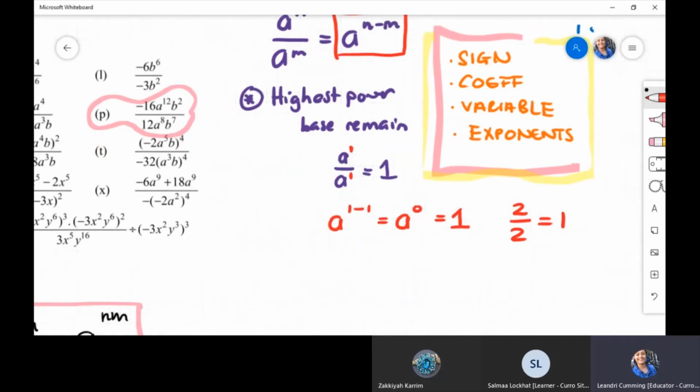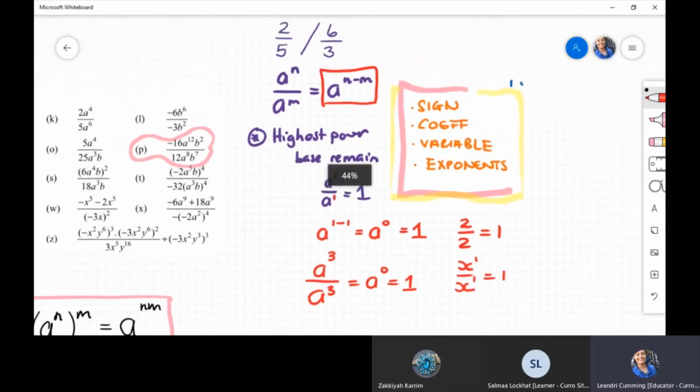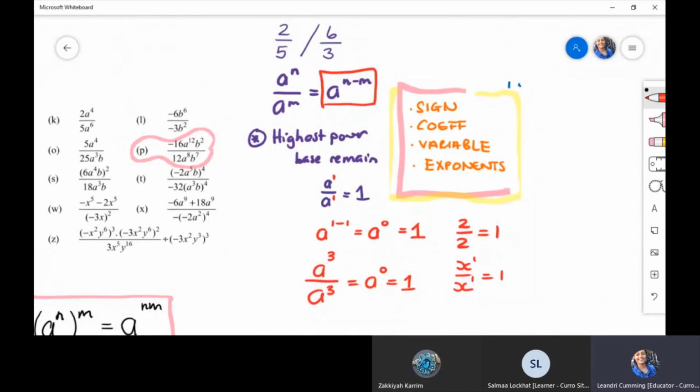Any variable divided by itself to the power of 1 becomes 1. Should I have exactly the same powers, I get exactly the same answer. So let's just remember we are allowed to divide variables with each other because we're allowed to subtract the powers.